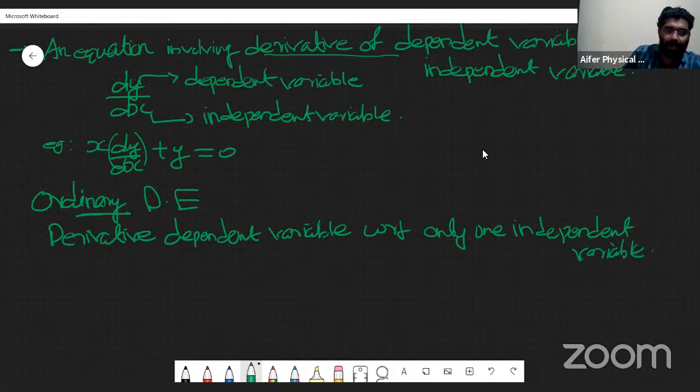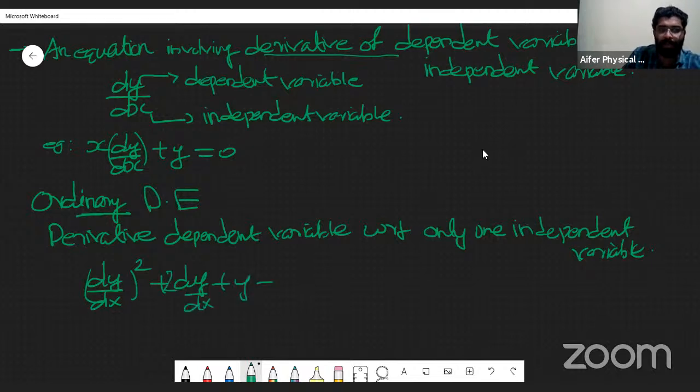For example, say (dy by dx) whole square plus 2 dy by dx plus y equal to 0. Here y is the dependent variable, and the derivative of y involves only x.